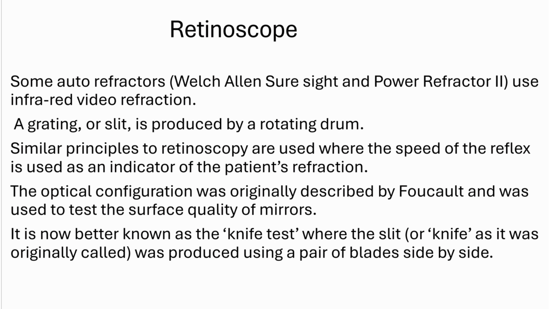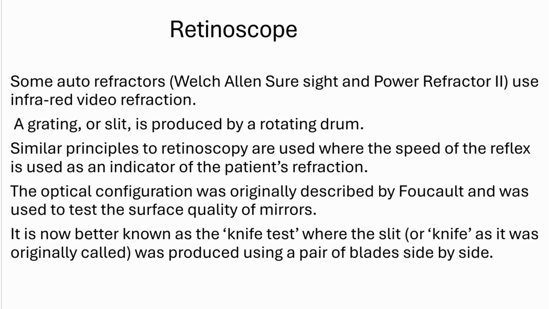And the third type is retinoscopy. In retinoscopy, some AR use infrared video refraction. A grating or slit is produced by a rotating drum. Similar principles of retinoscopy are used, where the speed of the reflex is used as an indicator of the patient's refraction.